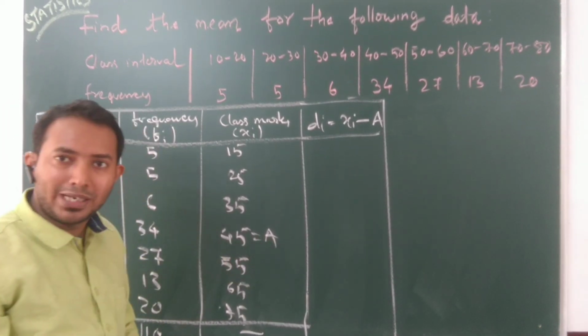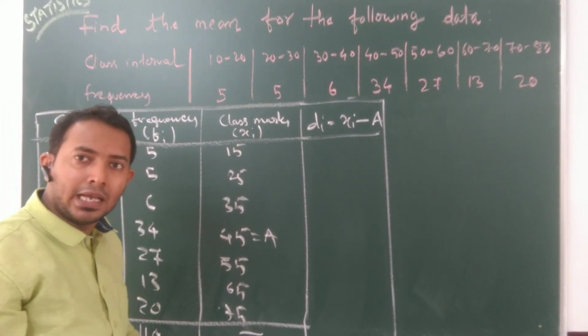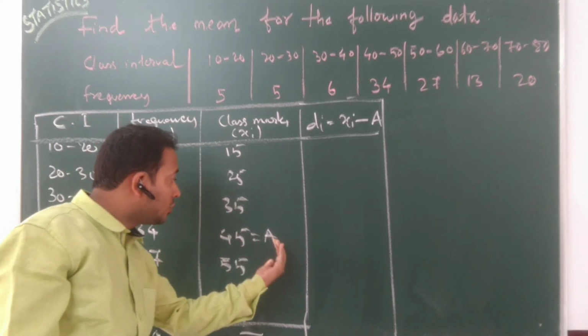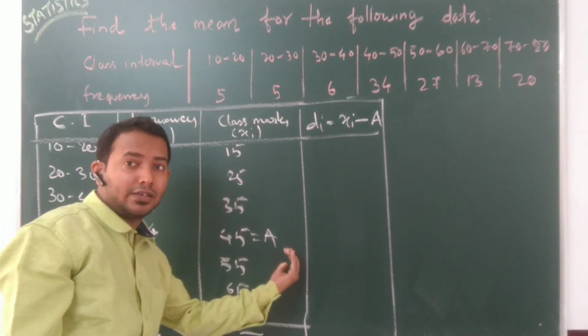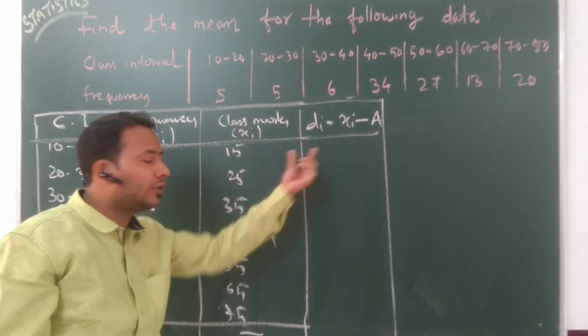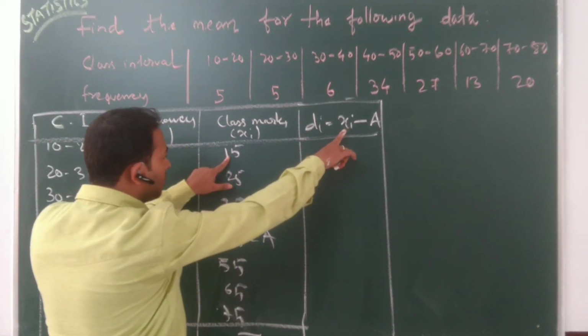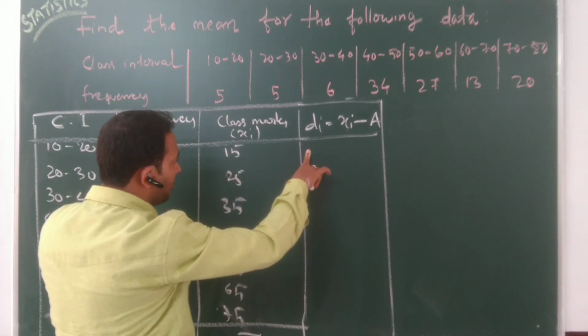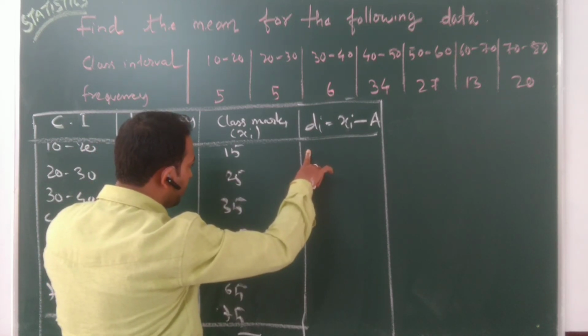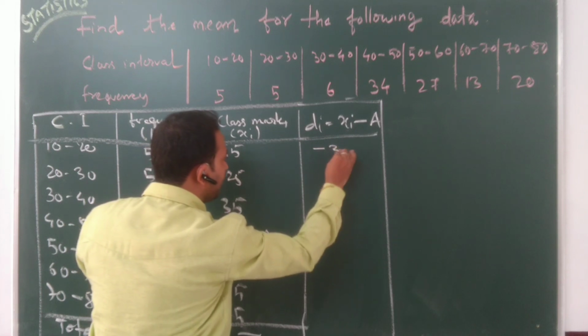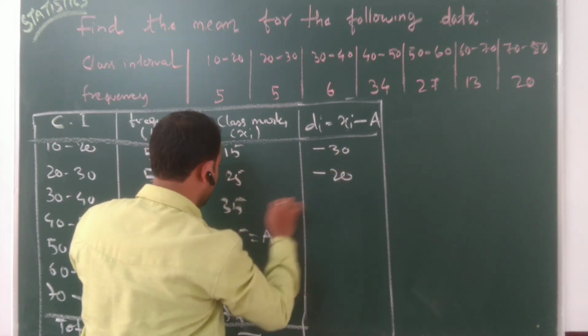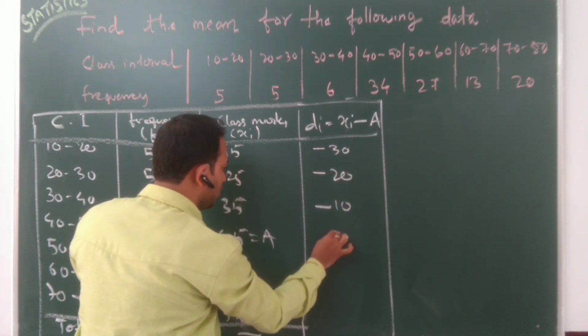Now this is your assuming. You are assuming that this is your mean. Now, how much you are deviating from your mean, that will be written here. That means xi is this first one. 15 minus 45 is what? Can you guess? Yes, that is minus 10. Next, minus 20, minus 10, and here 0.